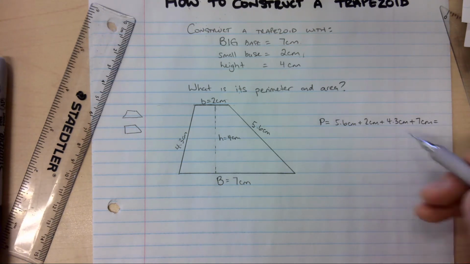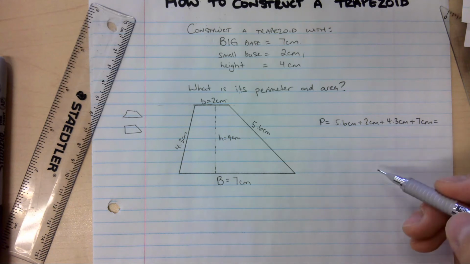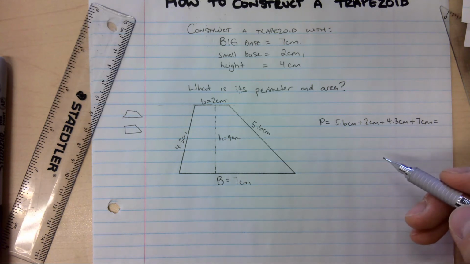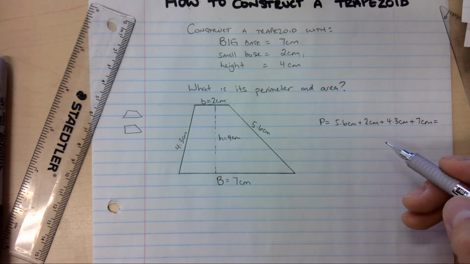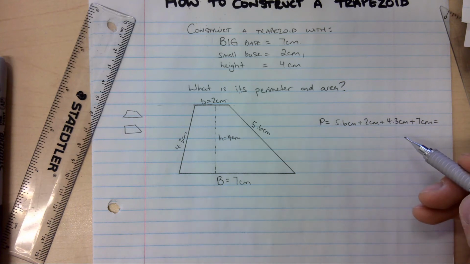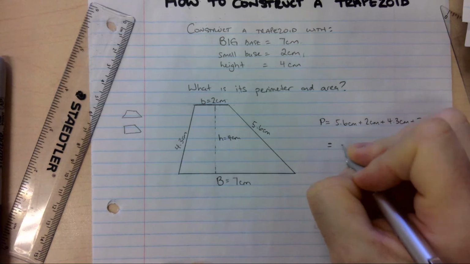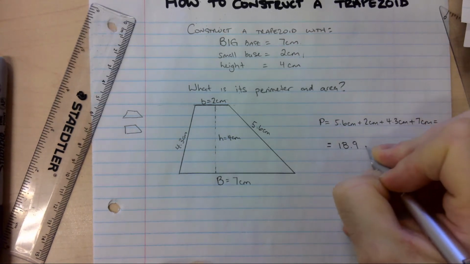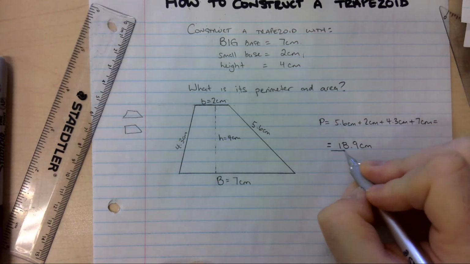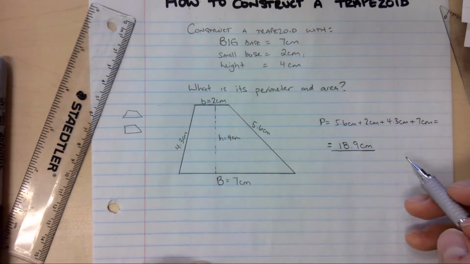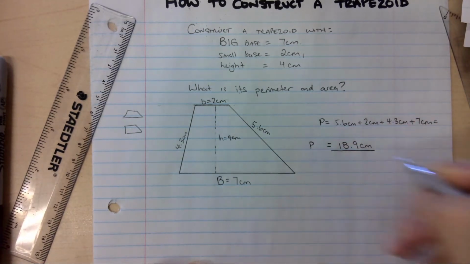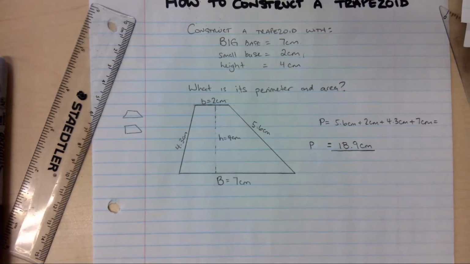I don't have to use long addition to do this. I can use a calculator to add it up, but it's always good to write down your steps so your teacher knows what you did to get your answer. It's more important for us as teachers that we see your thinking than it is seeing your answers. Okay? So my perimeter is going to be 18.9 centimeters.